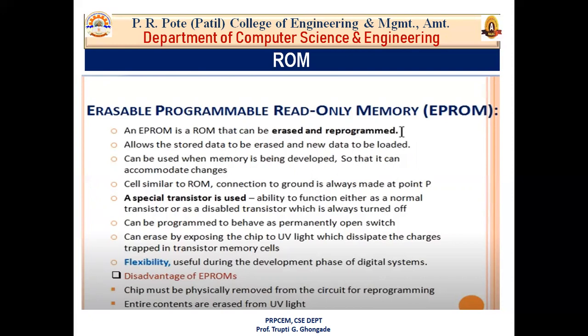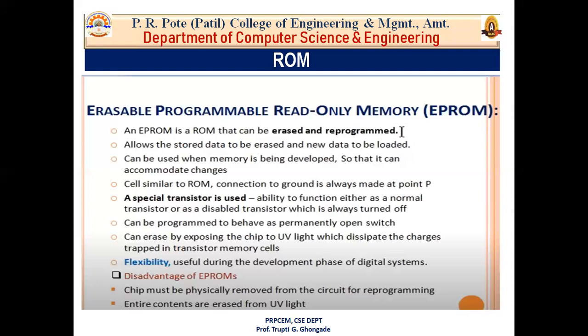Now, this is very similar to ROM. Connection to ground is always made at point P where the switch is present. Now, what is the difference? In programmable ROM, at position P we insert a fuse.